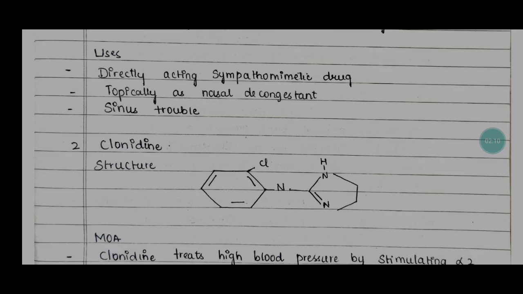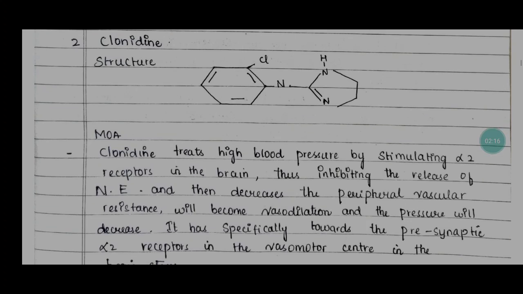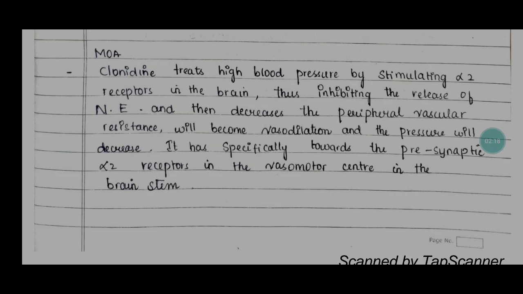And number two, that is clonidine. So the structure for the clonidine and the mechanism of action for the clonidine. Clonidine treats high blood pressure by stimulating alpha 2 receptors in the brain, thus inhibiting the release of norepinephrine. Then it decreases the peripheral vascular resistance. It will become a vasodilation then, and the pressure will be decreased.